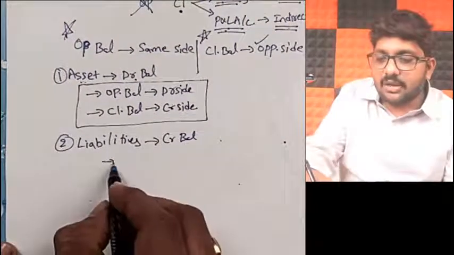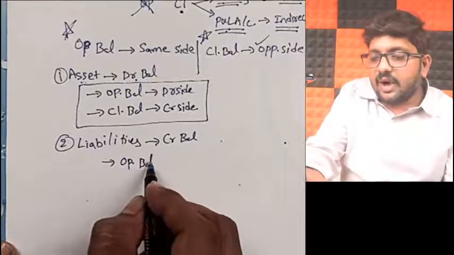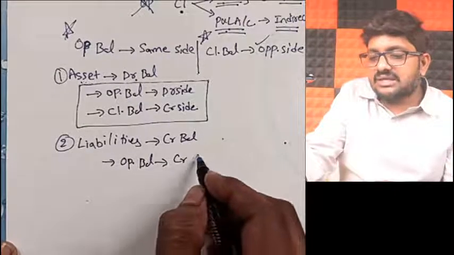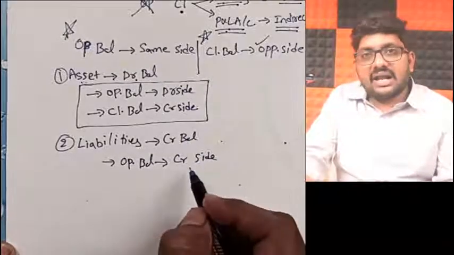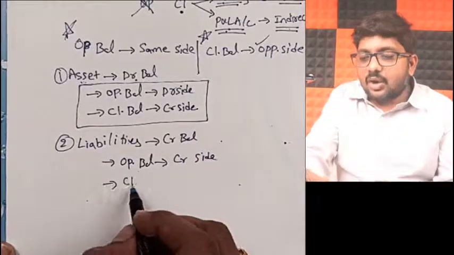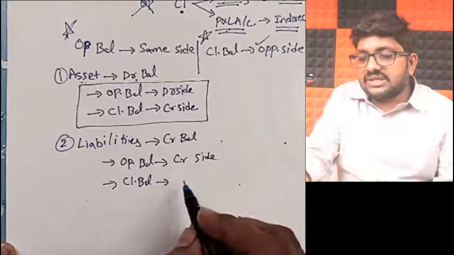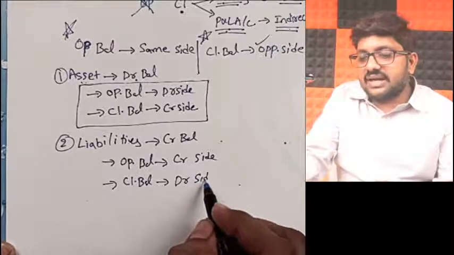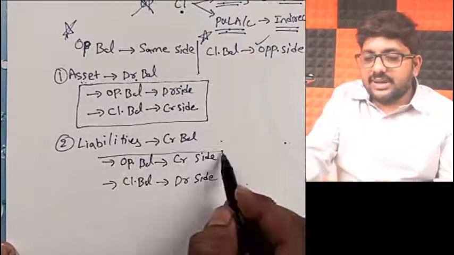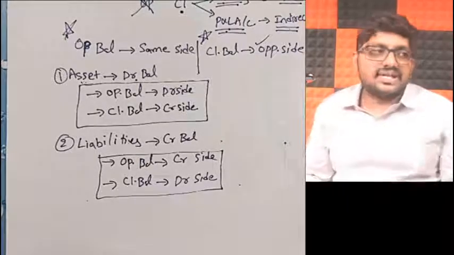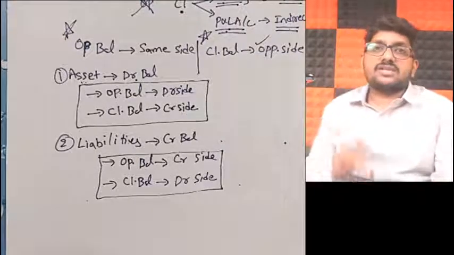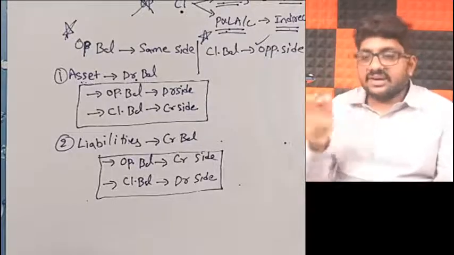Opening balance will be on the same side, and same side means credit side. Closing balance will be on the opposite side, and opposite side means debit side. This is the rule for liabilities. Liabilities will have a credit balance, so opening balance will be on the credit side and closing balance will be on the debit side.